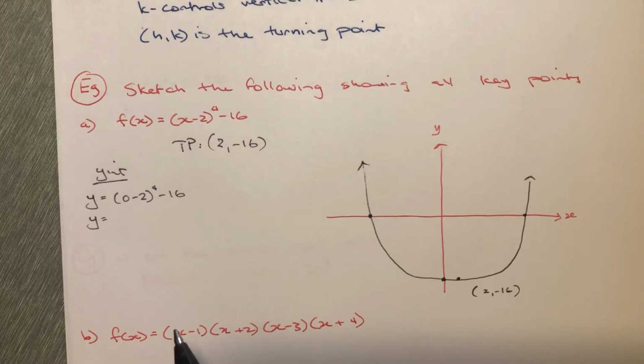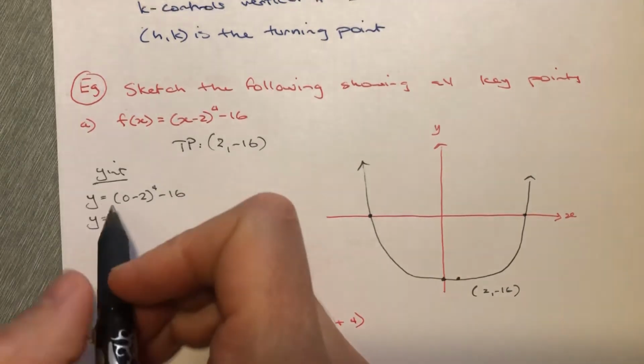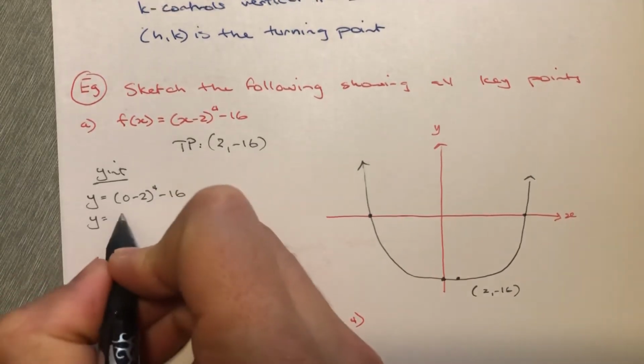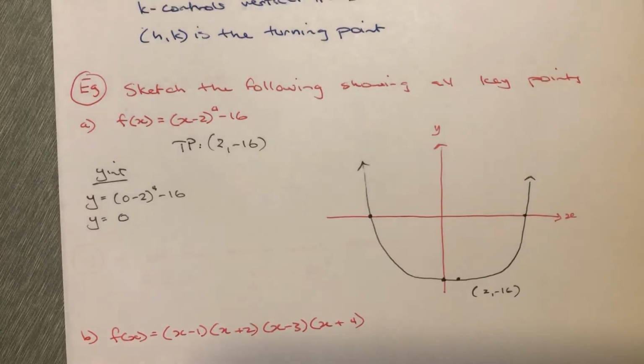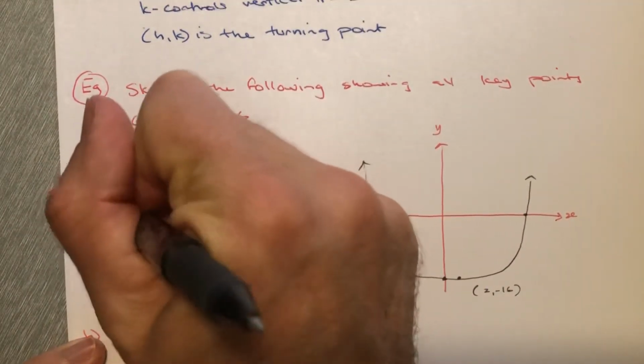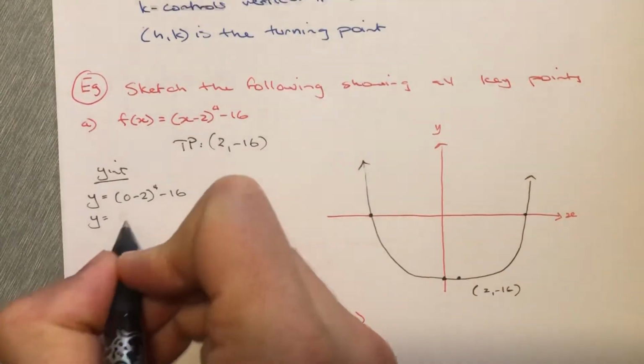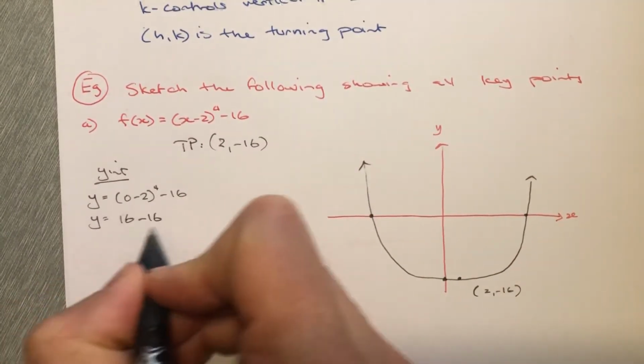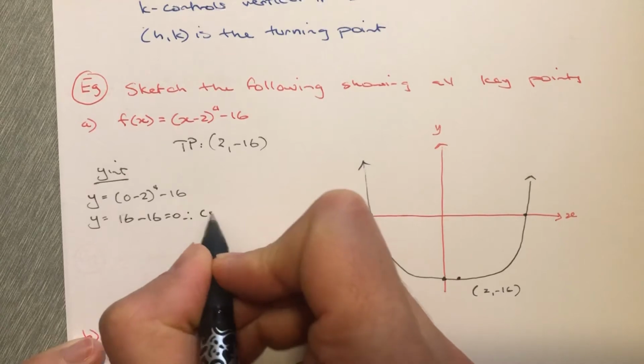Yeah, 16 minus 16 is 0, so I have made a bit of a mistake. So I probably should have done that before, shouldn't I? So -16 minus 16 equals 0, so therefore our y-intercept is 0.